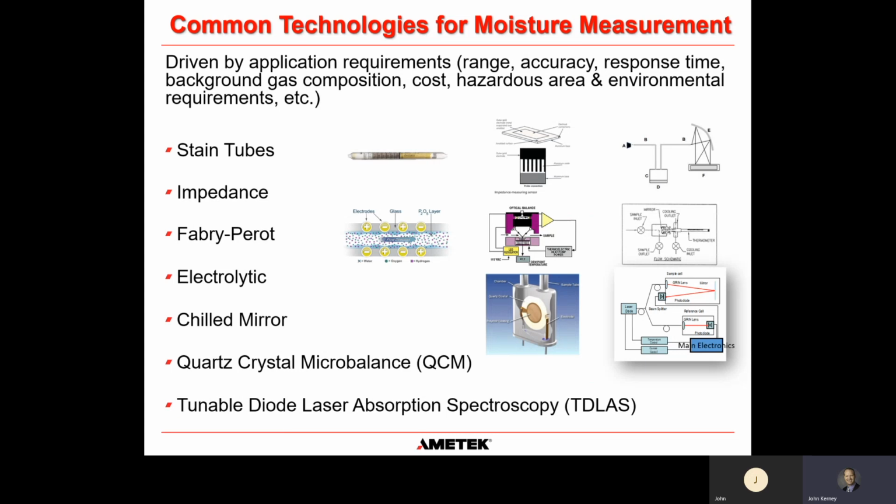Those are all sensor-related items. And then you get into things that have more to do with the analyzer, the package around it: hazardous area, environmental temperature or things of that sort, power, etc.